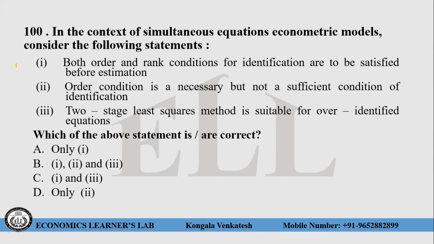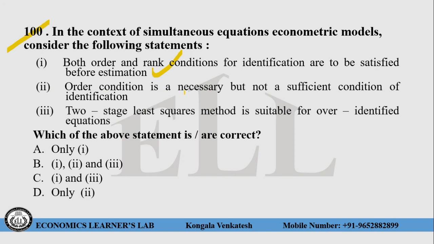Question number 100. This is the last question in this video. In the context of simultaneous equation econometric models, consider the following statements. Roman number 1. Both order and rank conditions for identification are to be satisfied before estimation. Yes, this is correct. Roman number 2.